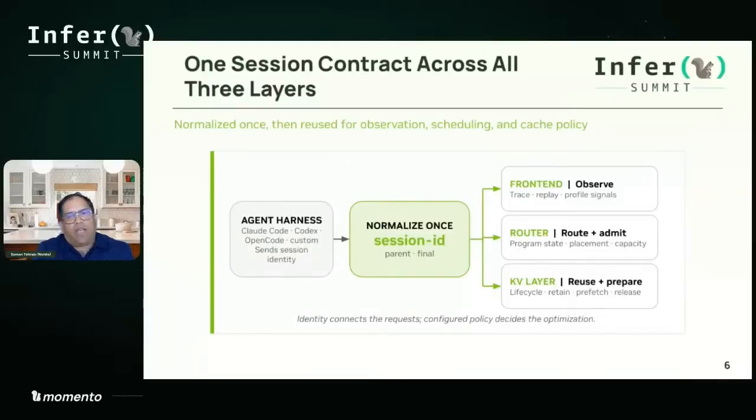So when you have a harness talking to Dynamo, what Dynamo does in its front end is normalize all the headers that it is getting into its own internal representation, basically mapping whatever Claude Code, Codex, and OpenCode may have, or any custom identity the harness may be using. We normalize it to an internal representation of our session ID.